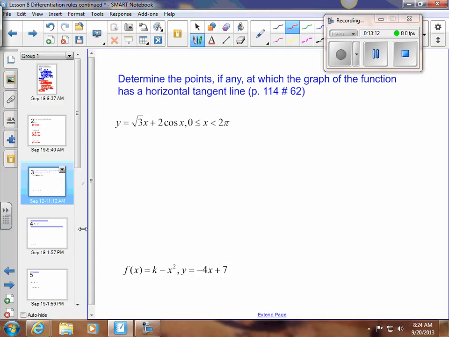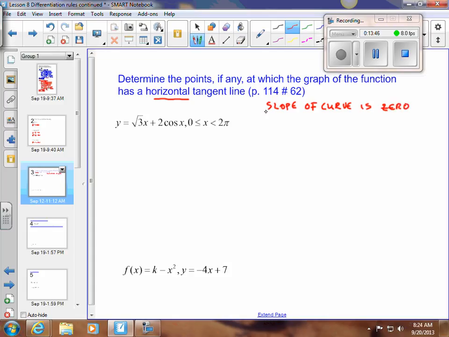In the next example, we have an application. Determine the points, if any, at which the graph of the function has a horizontal tangent. If there is a horizontal tangent, that means that the slope of the curve is 0.